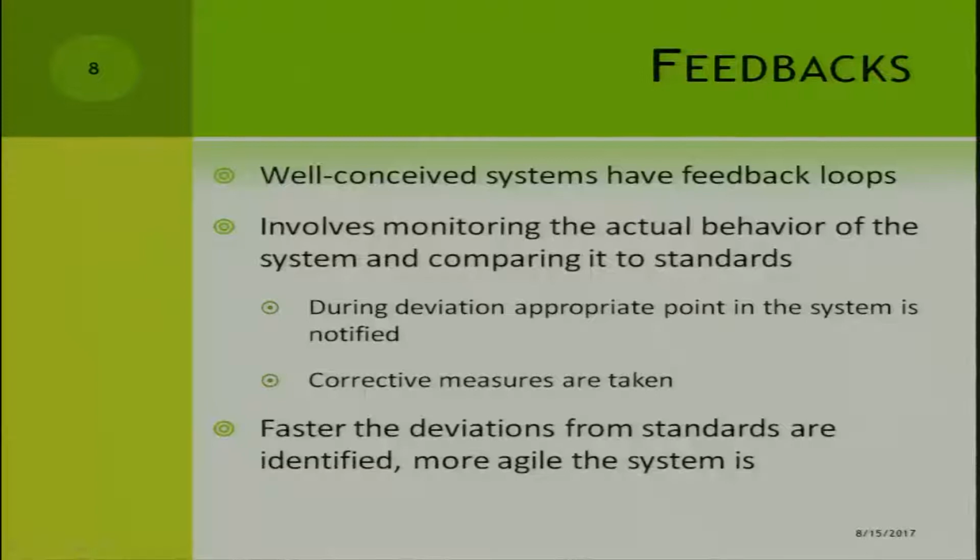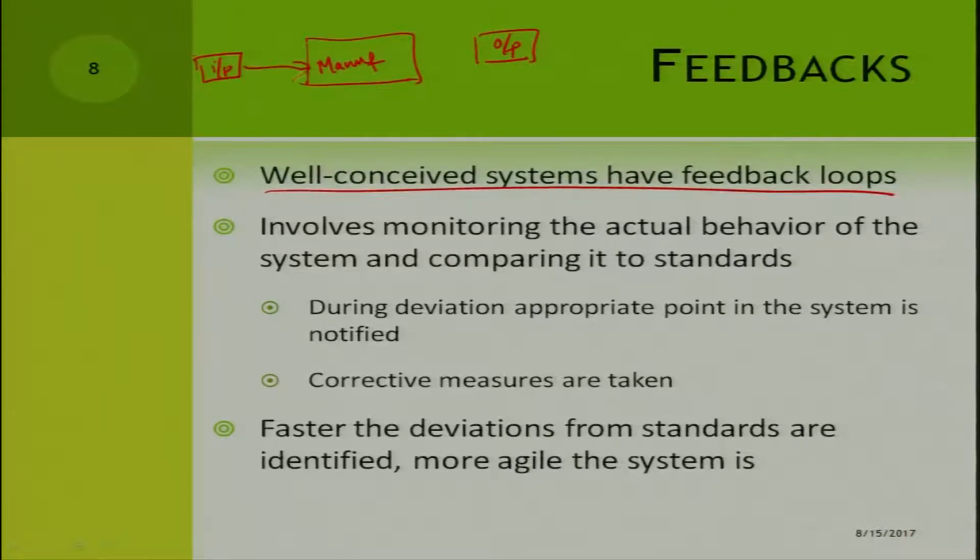So, another important aspect of simulation is what we call feedback, because a lot of systems, especially a manufacturing system, work on feedback. A manufacturing system or any well-conceived system will have a feedback loop. If you remember the diagram we drew earlier, this is the input, this is the output, and this is the manufacturing.